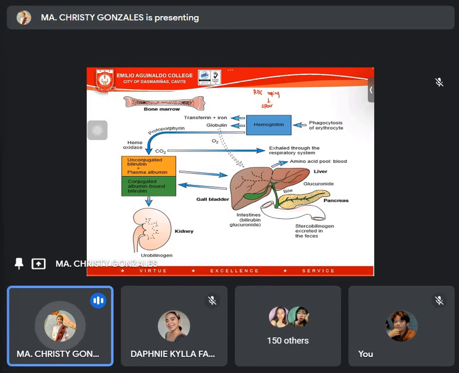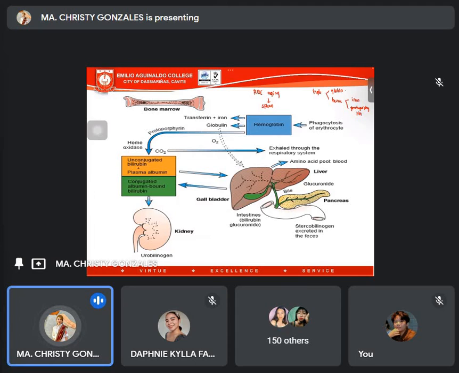Okay, so what are those important components? So remember, for RBC, the main component, of course, is the hemoglobin. Correct? Hemoglobin has two important parts, globin and heme. And of course, your heme is made up of iron as well as the protoporphyrin, as we mentioned earlier doon sa heme synthesis.